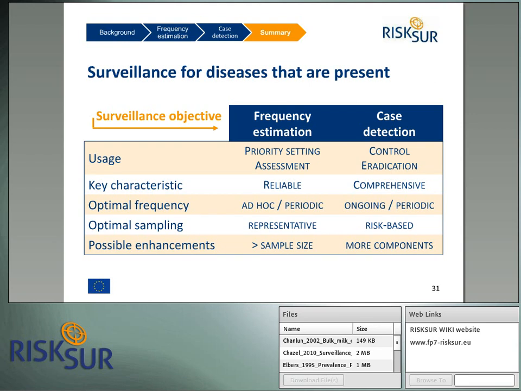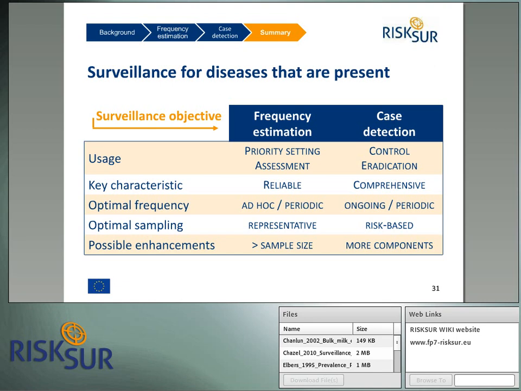It follows that surveillance for frequency estimation must ensure reliable estimates, and surveillance for case detection must be comprehensive of the susceptible population. As for the optimization of surveillance, in case of frequency estimation, it can be carried out ad hoc, meaning once, or periodically, like once a year.